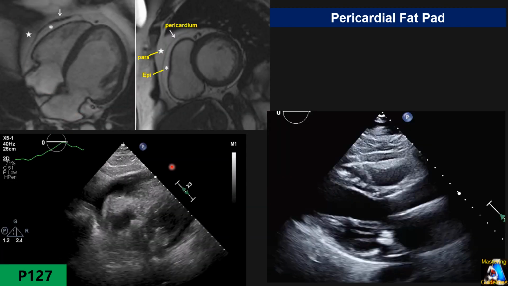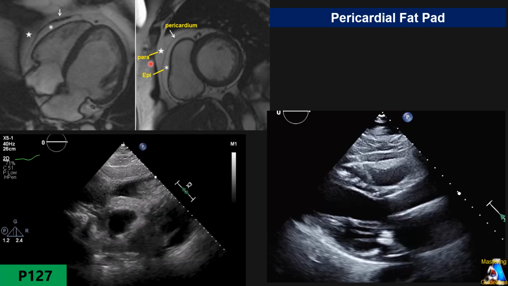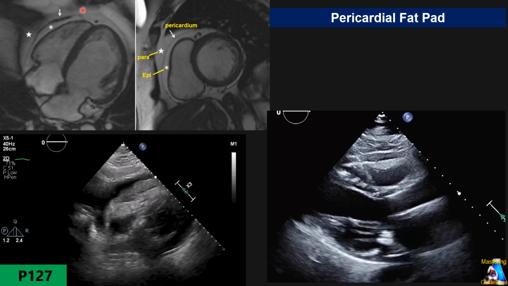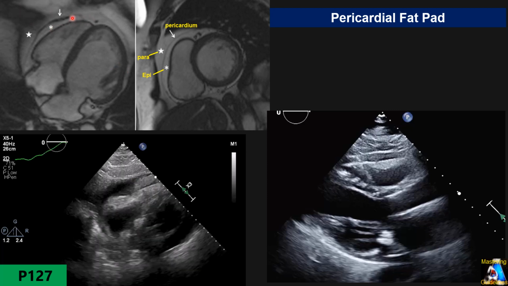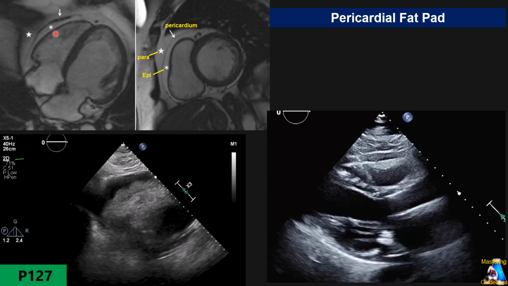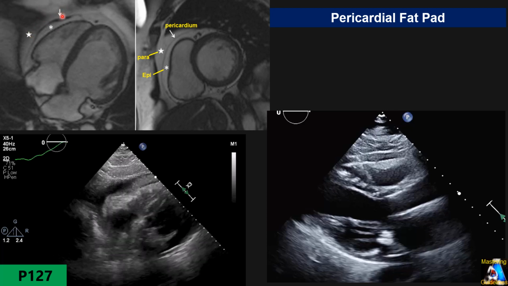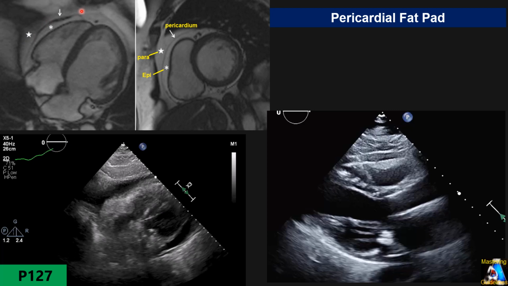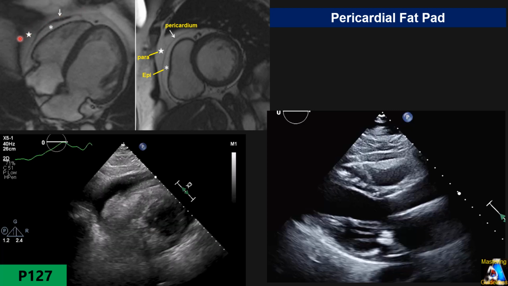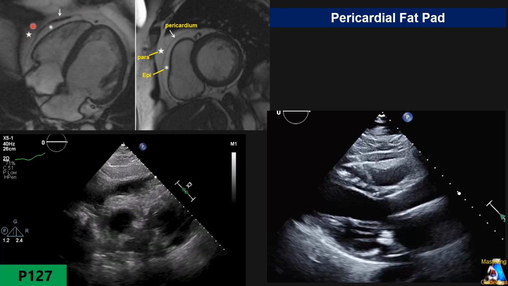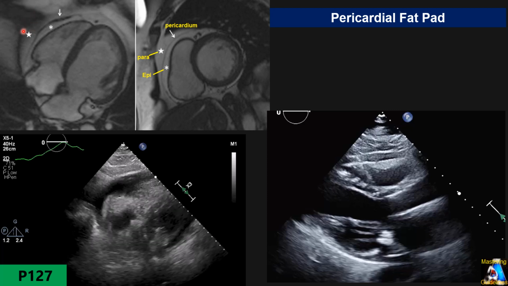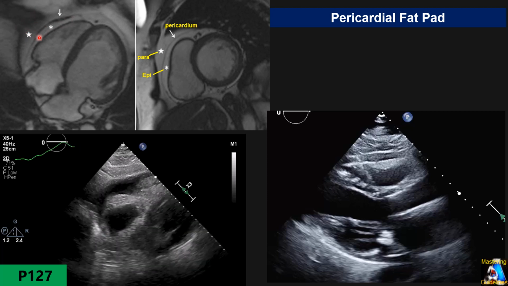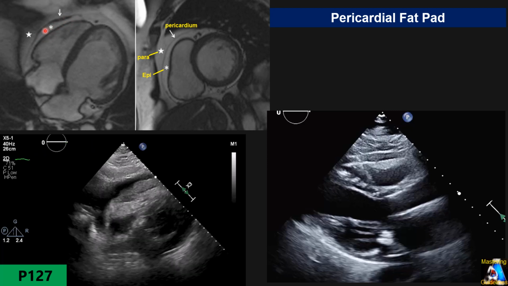The gold standard for diagnosis and measurement of pericardial fat pad is MRI. In MRI, we can differentiate it, the mid-gray, and between them there is a dark line that is the pericardium, so that this one will be the parapericardial or epipericardial fat pad, and the inner one will be the epicardial fat pad.